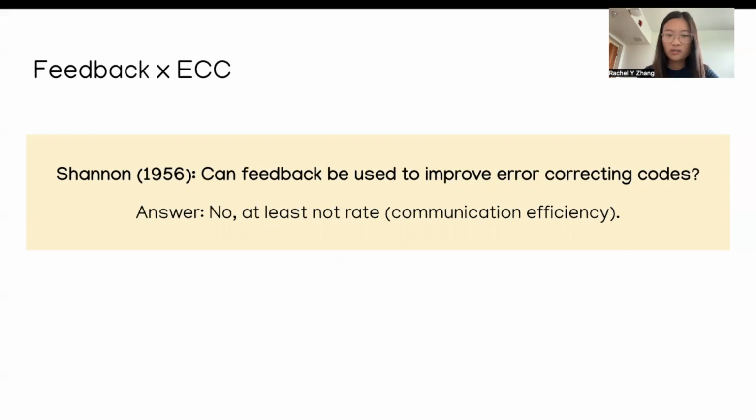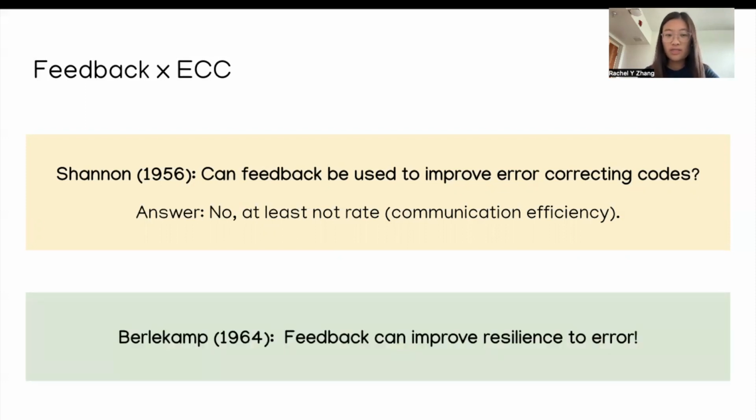But on the other hand, Berlekamp showed a positive result in 1964, which is that feedback can actually improve the resilience to error. In a sense, this makes sense, right? If there are a lot of errors, you can ask a question, hey, can you clarify where the errors happened? Or maybe, can you tell me a bit more information about the specific confusion I have? Okay, so let's talk a little bit more about this result.